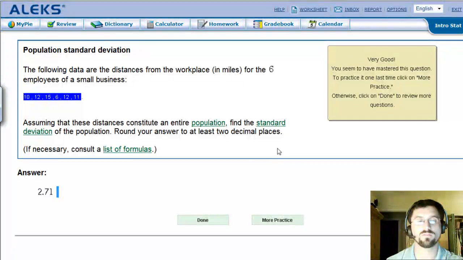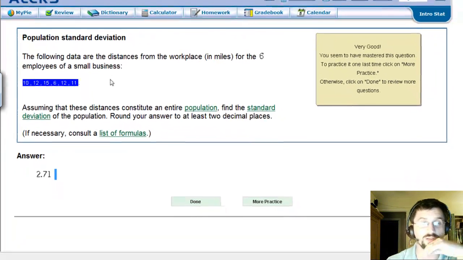The reason is the formulas for population standard deviation and sample standard deviation are very close. And if you don't round it off to 2 decimal places, the computer program can't necessarily tell which formula you used and whether or not you're using the correct one.